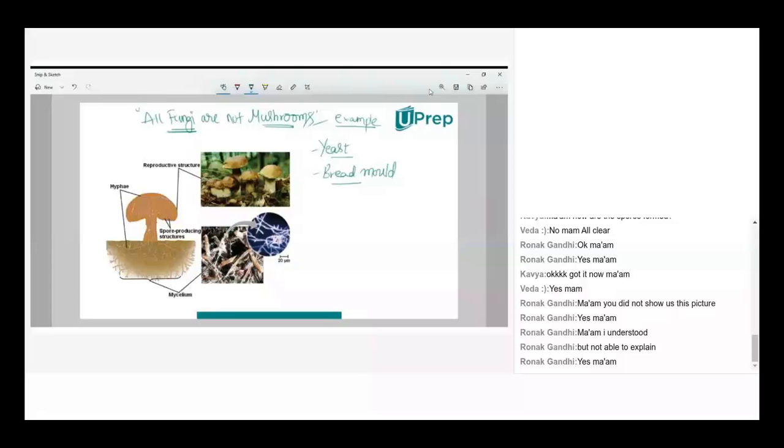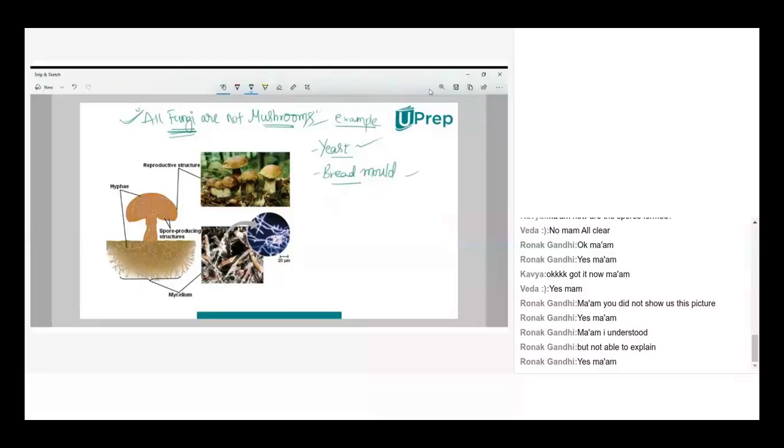There are no algal mushrooms, no viral mushrooms, no bacterial mushrooms. And this very statement, all fungi are not mushrooms, means there are fungi which may be other than mushrooms. Mushroom is one example. That's all. You have yeast, bread mold and all.